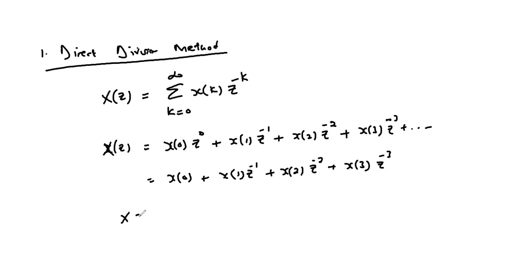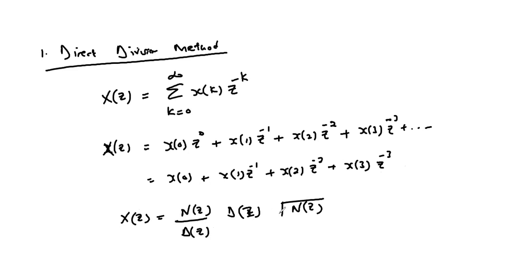That means given x of z is a numerator polynomial in z over a denominator polynomial in z, upon dividing n of z by d of z, we end up with a polynomial in z inverse with the coefficients x of 0, x of 1, x of 2, all the way to infinity.